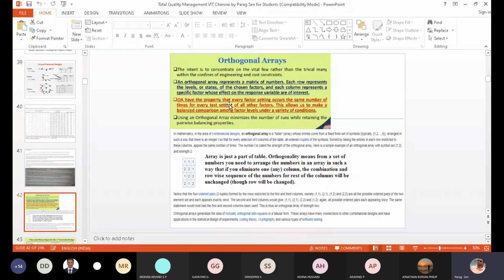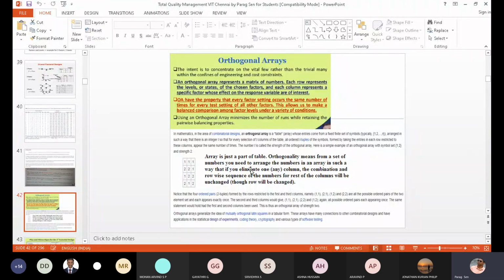An orthogonal array has the property that every factor setting occurs the same number of times for every test setting of all other factors. This allows us to make a balanced comparison among factor levels under a variety of conditions. Using an orthogonal array minimizes the number of runs while retaining the pairwise balancing properties.